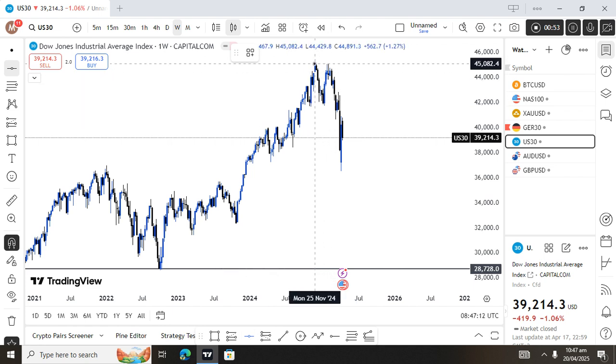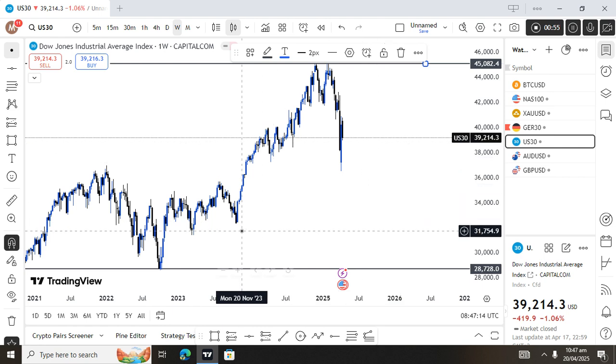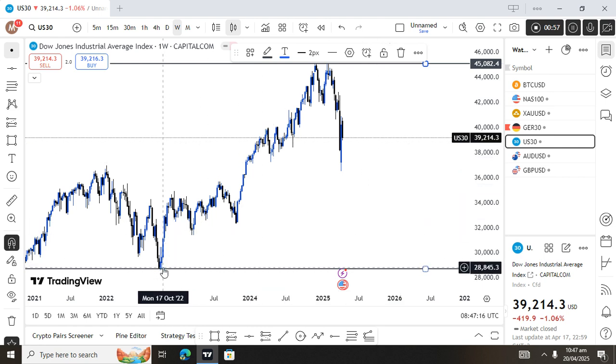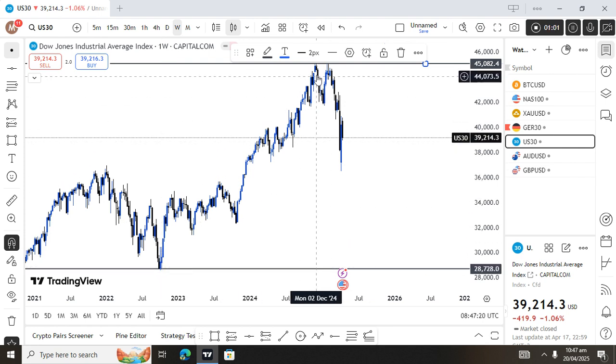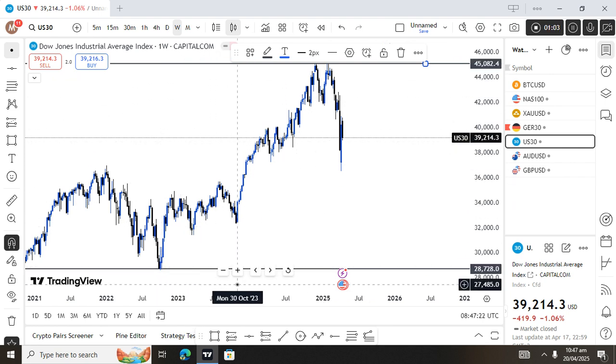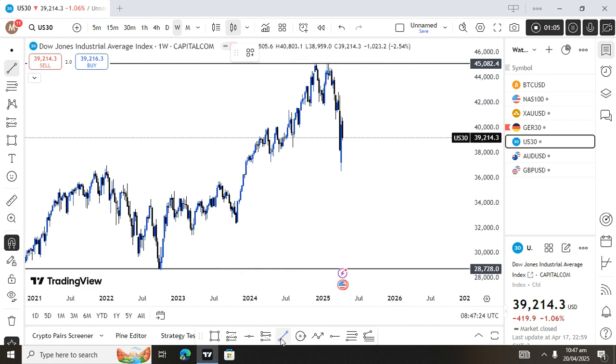This gives me an understanding that the market started making this impulse from this bottom into this high, meaning that I find the direction previously was bullish, meaning that the buyers were having power compared to sellers.